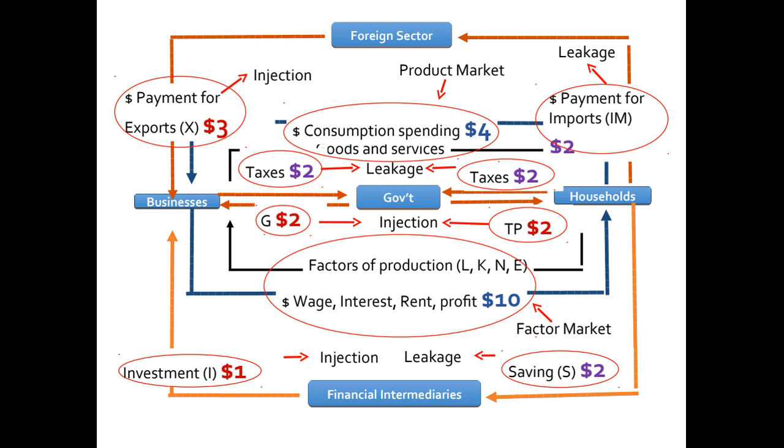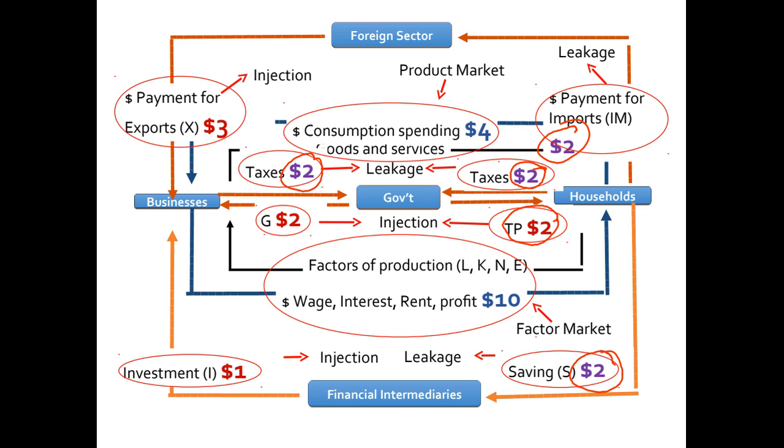So savings $2, imports $2, $4, and then $2, $6, and then $2, $8, and I told you we adjust transfer payment. So $8 and then subtract this $2, $6. So $6 total leakages. And so I'm writing here leakages is $6.